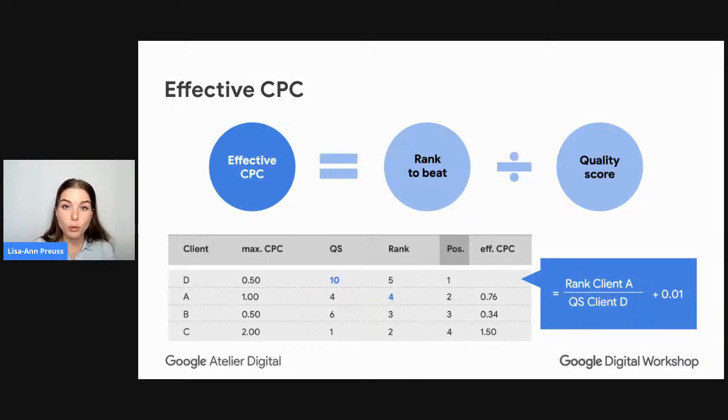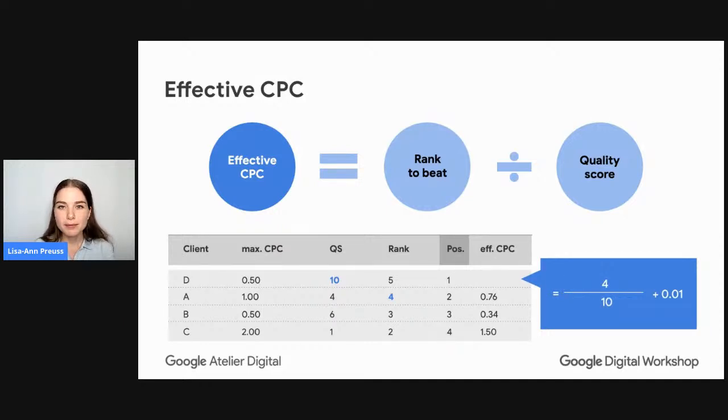In this case, if we were to try and calculate the effective CPC for client D, we would take the rank to beat of client A, which is 4, divided by our own quality score, which is 10, giving us 4 over 10.